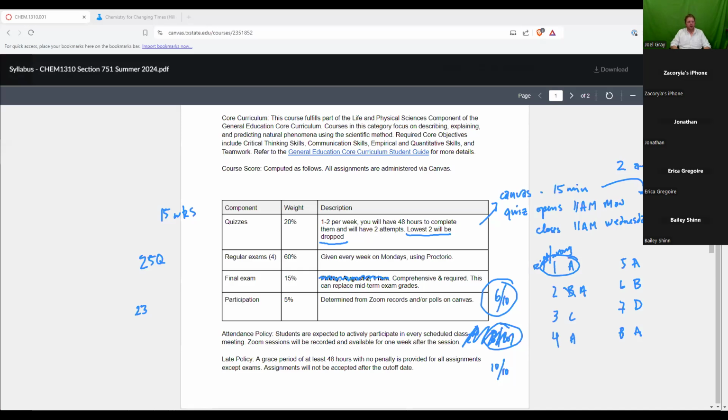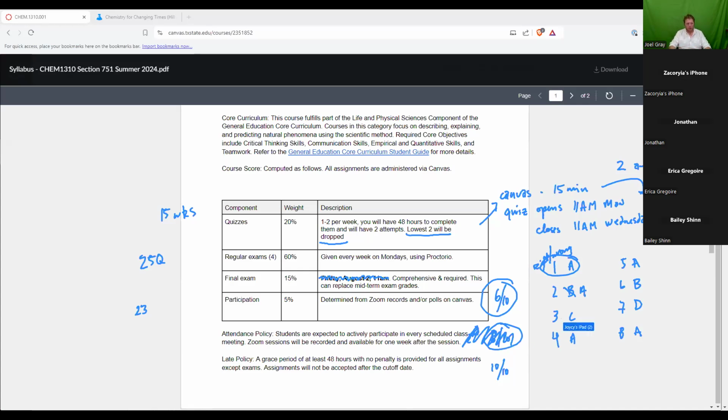Extra credit, no. Midterm, no. Attendance, no. Sorry, homework. Homework is the correct answer. We don't have any homework, and the reason for that is we have so many quizzes. The quizzes are kind of intended to be like homework.